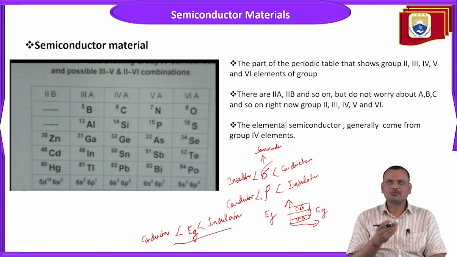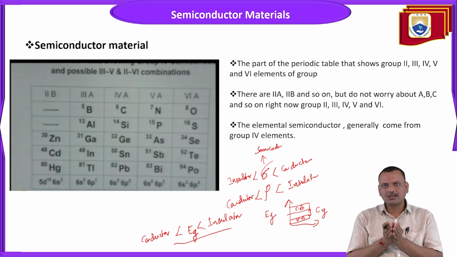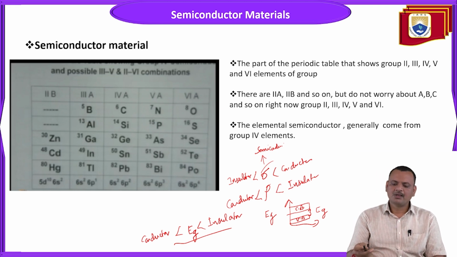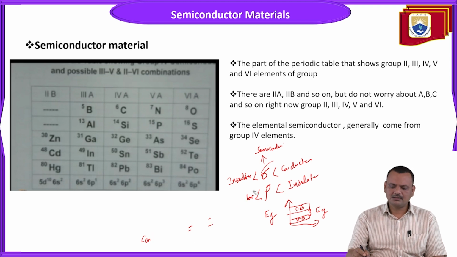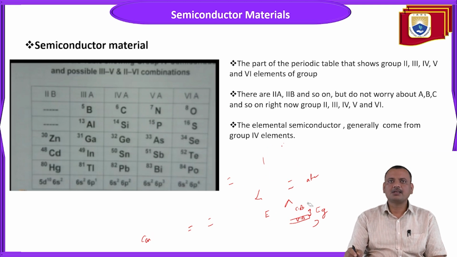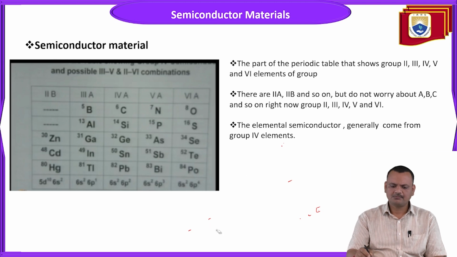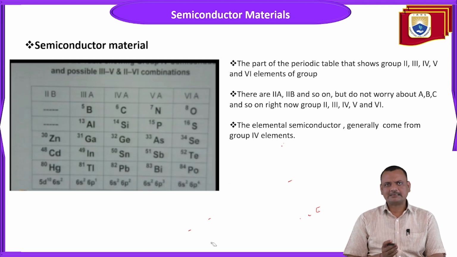Now I know about semiconductors. Now I want to explain what type of material is available to show the semiconducting property. For that, I have given the periodic table here. It contains the second, third, fourth, fifth, and sixth group elements, not the entire periodic table.